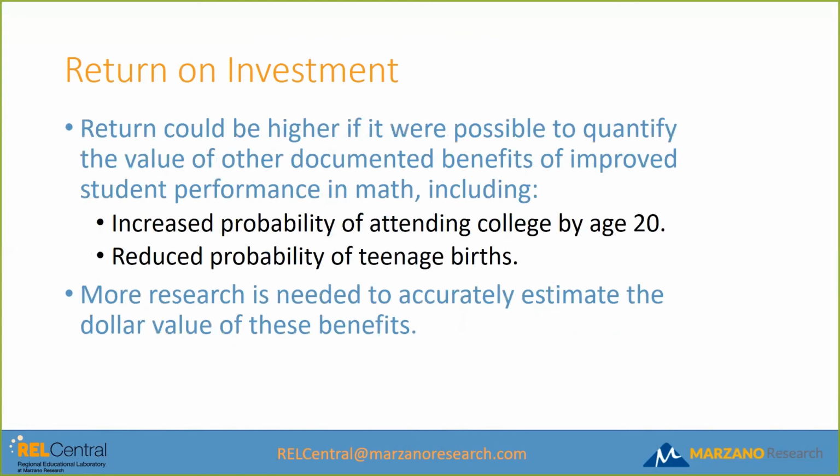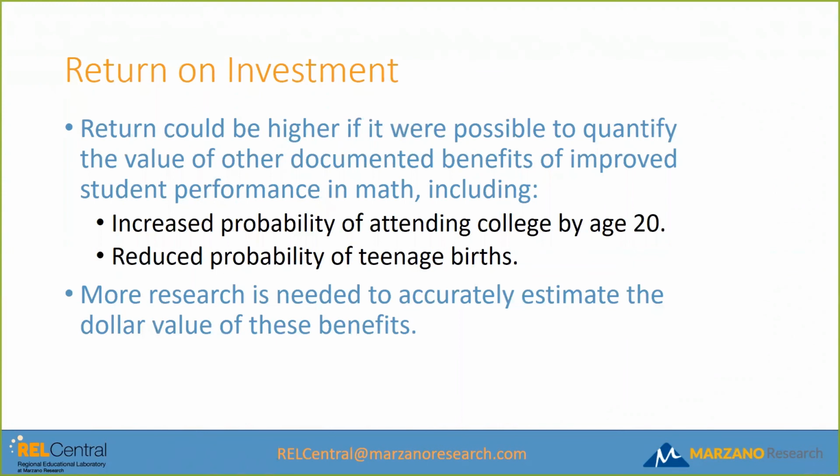And I think the last slide here, and then we wanted to leave a little bit of time, I think we're pretty much out of time, for questions. But as I mentioned earlier, the return actually could be higher if we could quantify some of the other benefits associated with this intervention, such as increased probability of attending college, which the Chetty research found, or the reduced probability of teenage births and things like that.